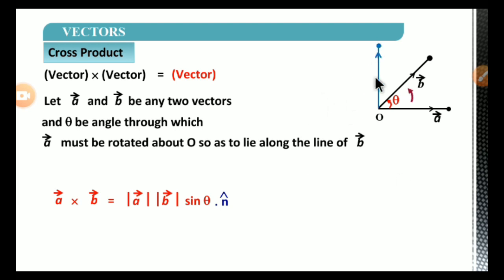Consider this vector which is perpendicular to both vectors A and B. Therefore, there is a unit vector, that is n cap.